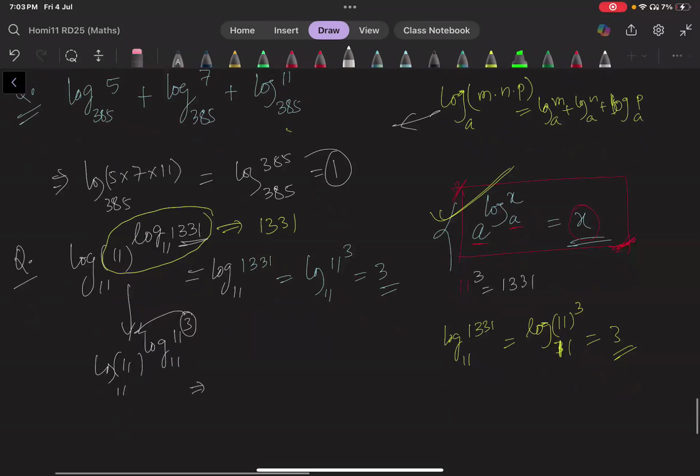So it will be 3 multiplied by what is left, log 11 to the base 11, and this is going to be 1. So 3 into 1 is 3. That's what you're saying, right?